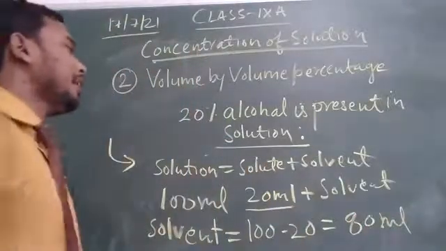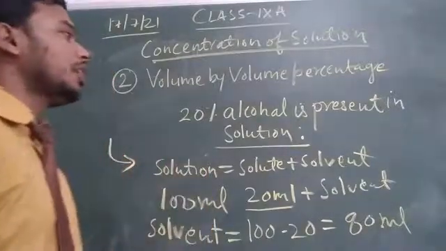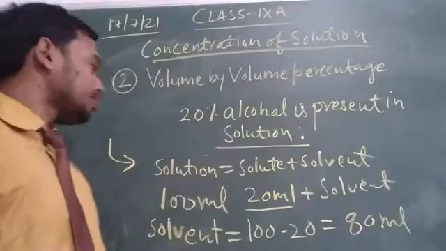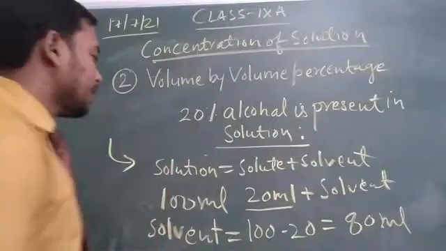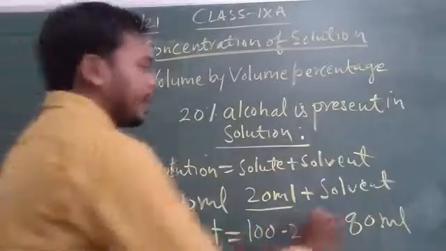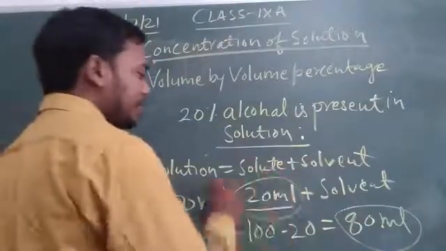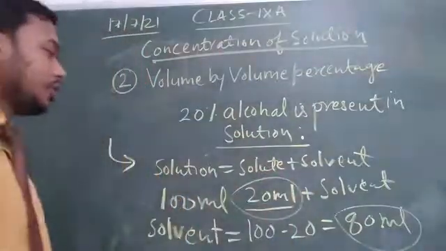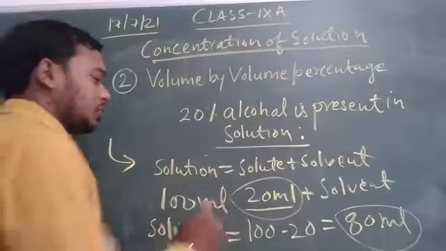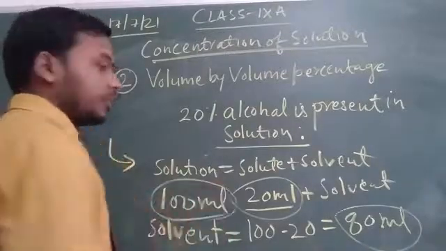So 20% alcohol present in solution means that the 80% is solvent and 20% is solute, which is equal to 100 ml solution.